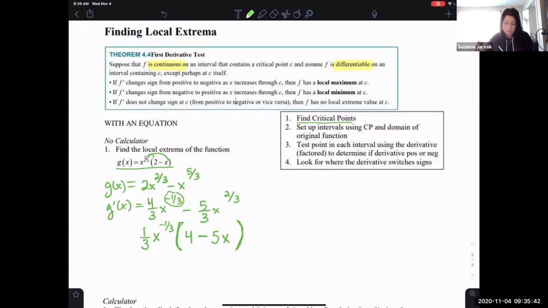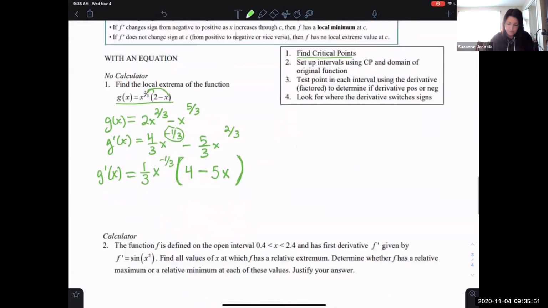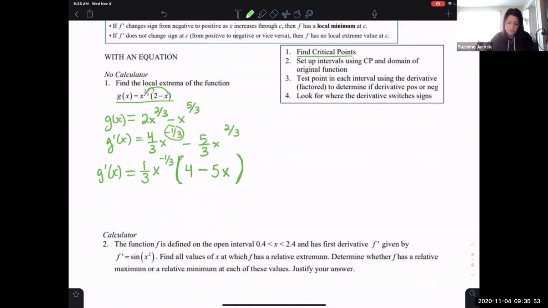How's x to the 3/3? In other words, x to the first. This is much easier to use in this form than I think product rule would have resulted in. So my rewrite on this could look like this.